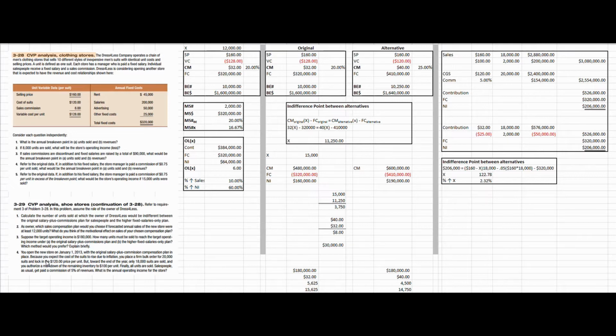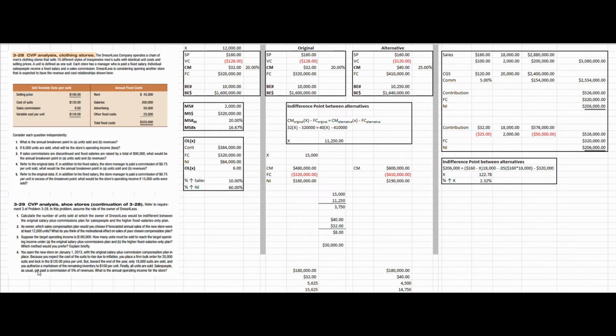But towards the end of the year, it turns out that you're only able to sell 18,000 of your product at your normal price, and consequently, for the remainder of your inventory, you need to mark it down to a sales price of $100 per unit in order to sell it. Finally, all these units are sold. As usual, salespeople get their commission of 5%. What is the annual operating income for the store?